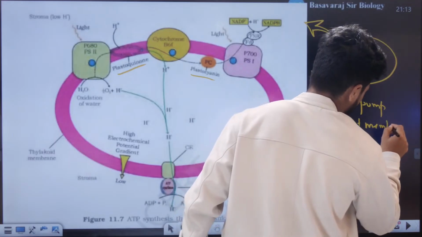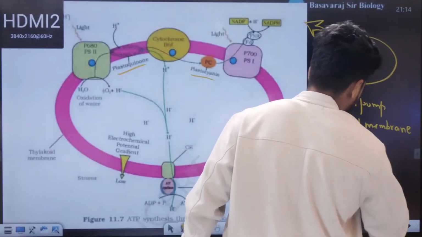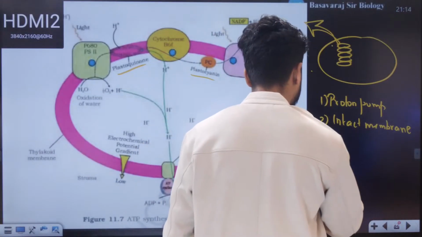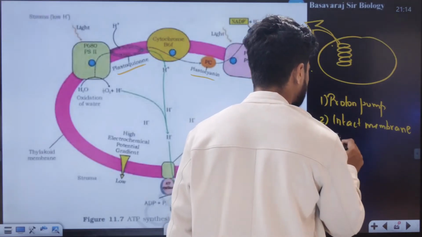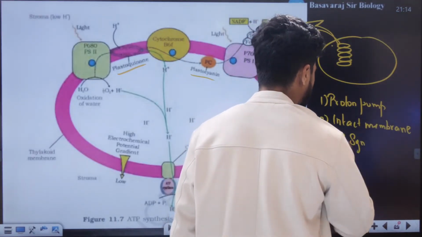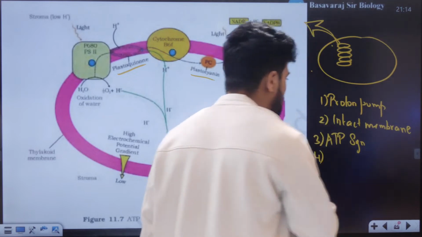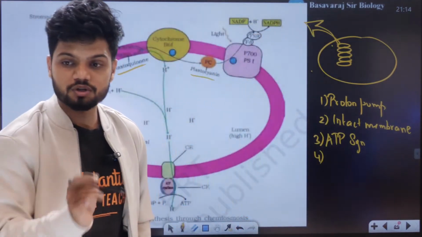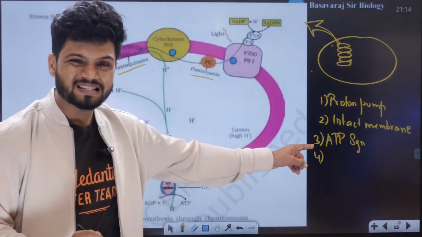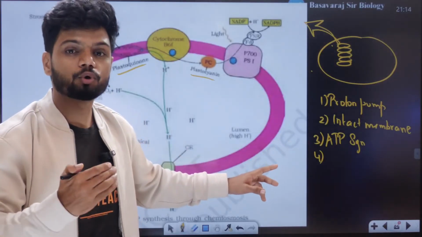The third is called ATP synthase. And the fourth and the most important part is nothing but the proton gradient.